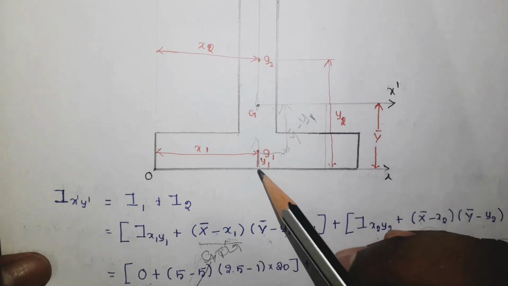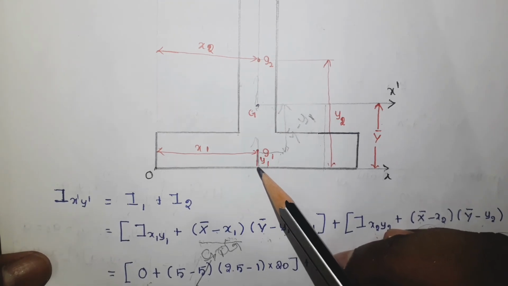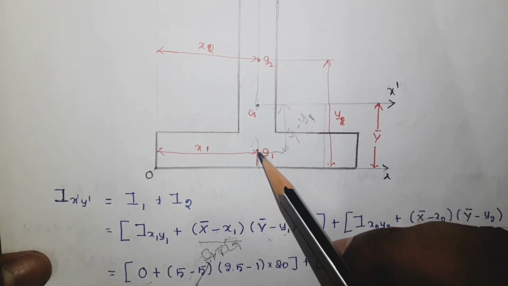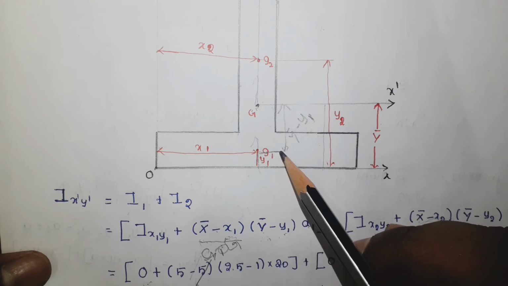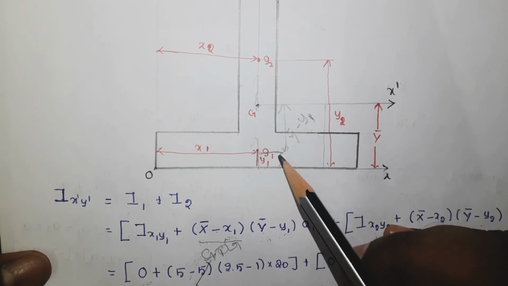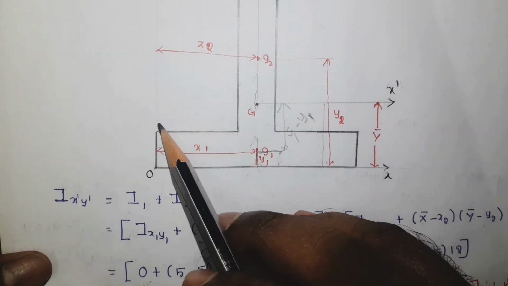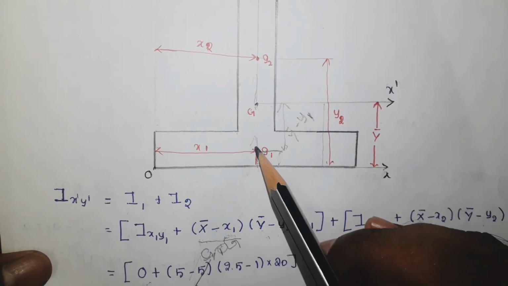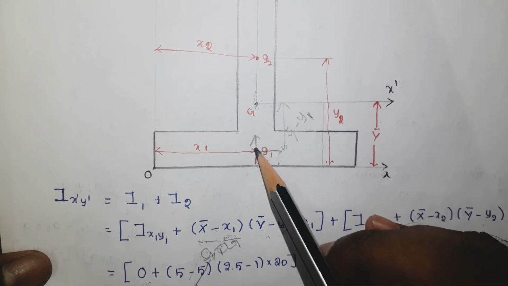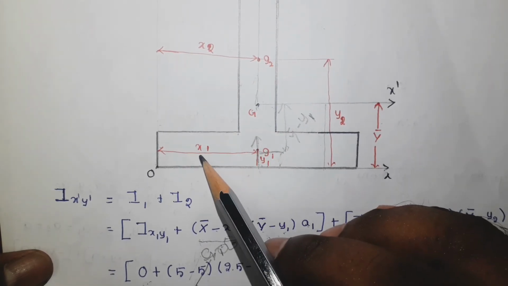With respect to the x axis, this is the x axis and this is the axis passing through this G1. The distance between these two is y1 only. Similarly, this is the y axis and this is the axis passing through this G1. The distance between these two is x1 only.